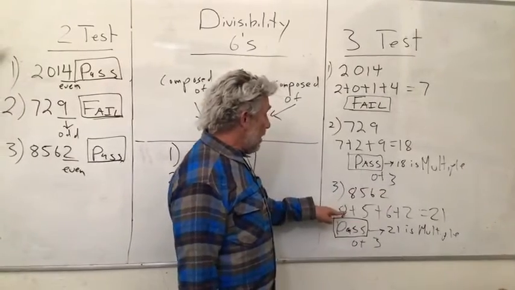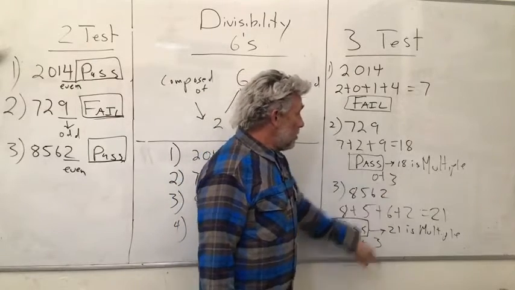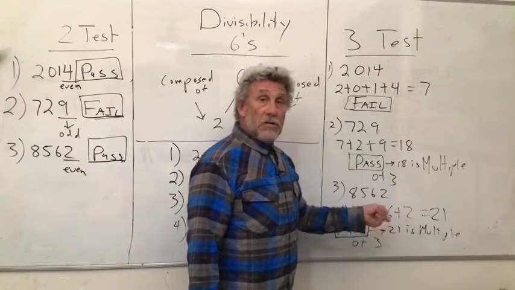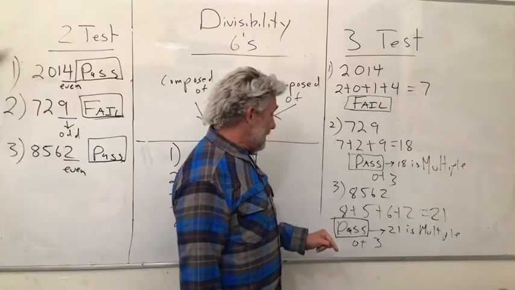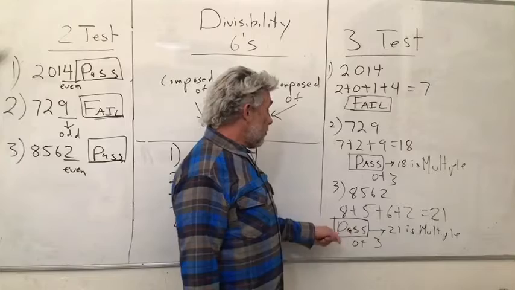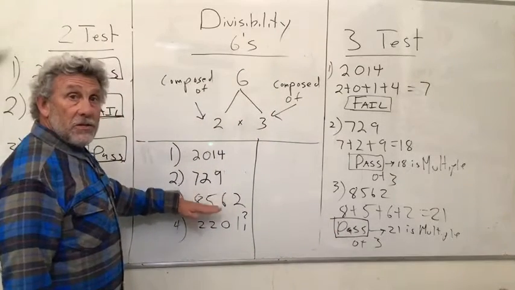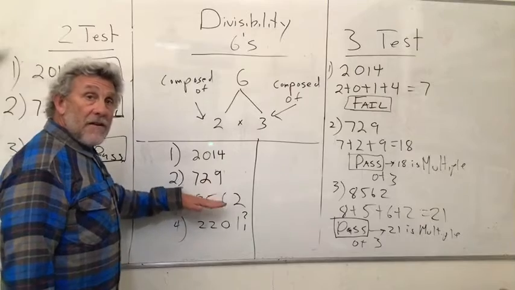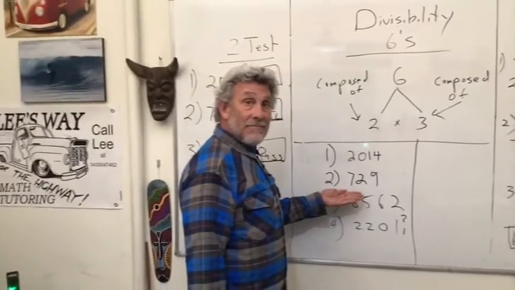So let's check it out. 8 plus 5 plus 6 plus 2 is 21, which is in the multiplication tables of the 3's. So it passes. 21 is a multiple of 3. Therefore, it passed both tests, the 2 and the 3's, therefore it passes the 6 test.